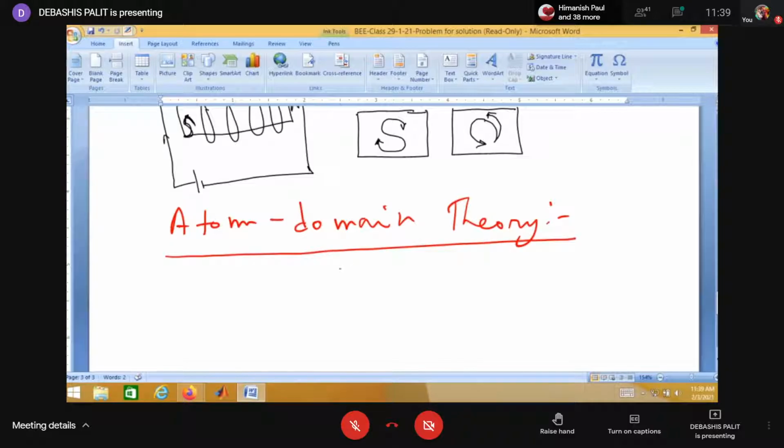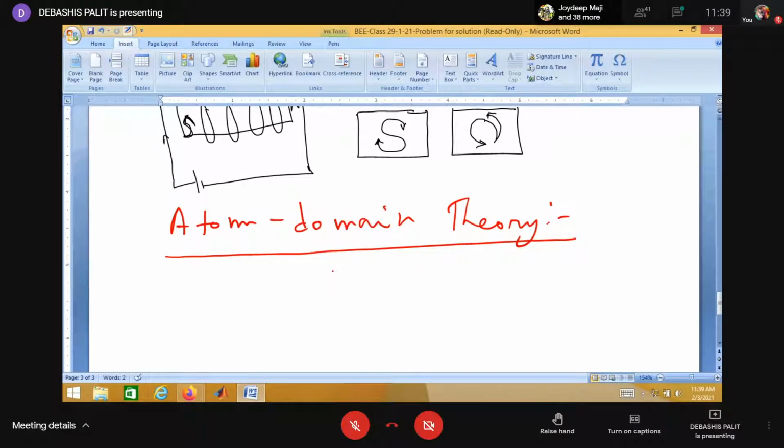This atom domain theory states that the magnetism property is dictated by the motions of electrons around the nucleus of the atom, or the motions of electrons around their own axis.